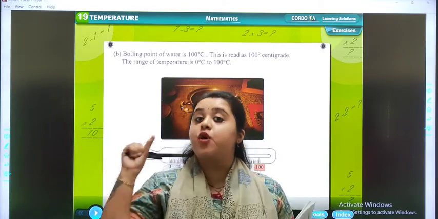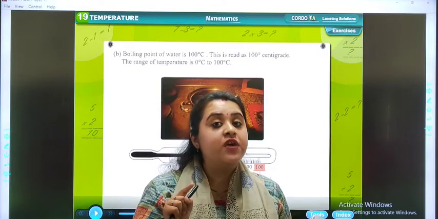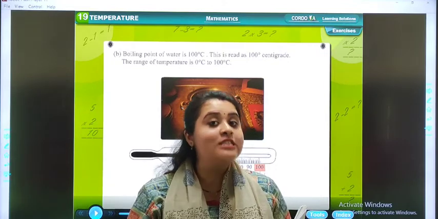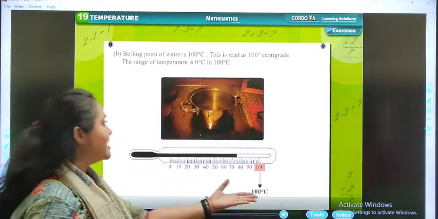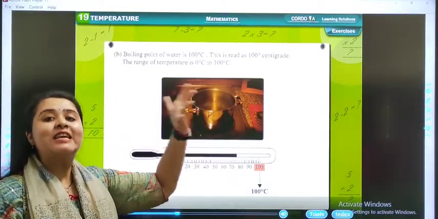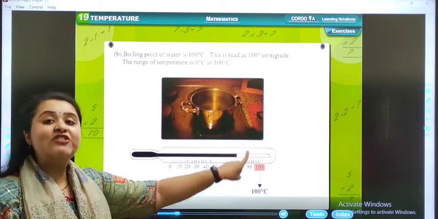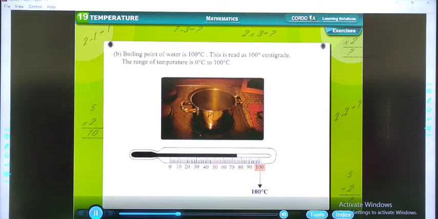It starts from 0 degree to 100 degree. 0 degree is the melting point of ice. It is also known as freezing point. And you can see यहाँ पर पानी बहुत उबल रहा है. It is becoming steam now. It is at 100 degree Celsius. The range of temperature is 0 degrees Celsius to 100 degrees Celsius.